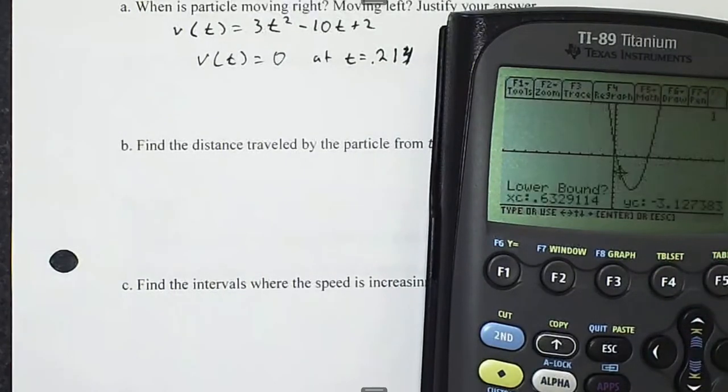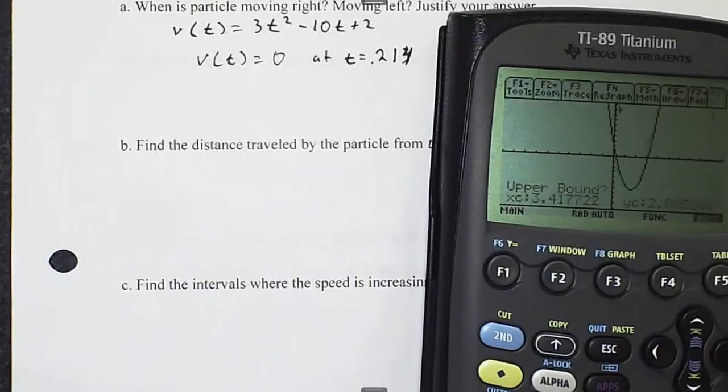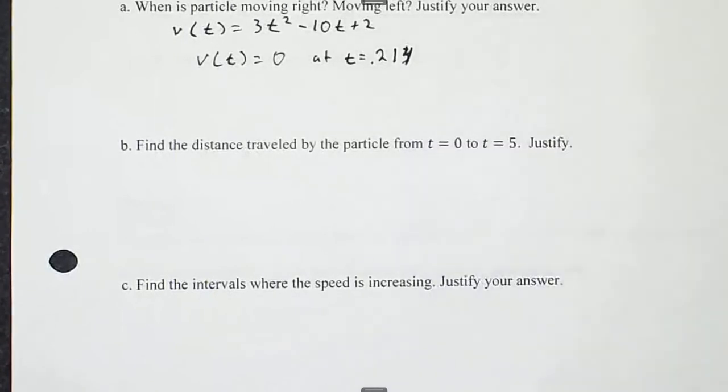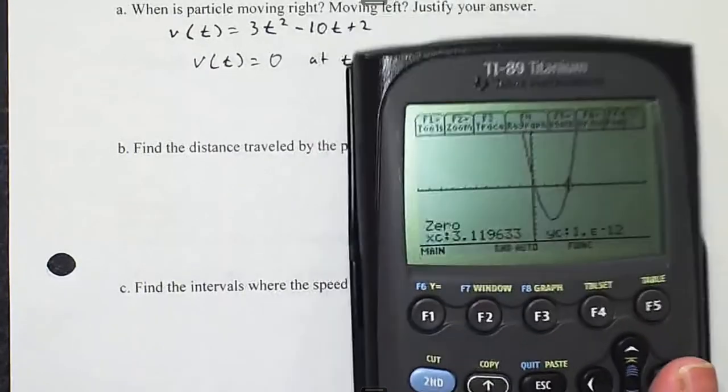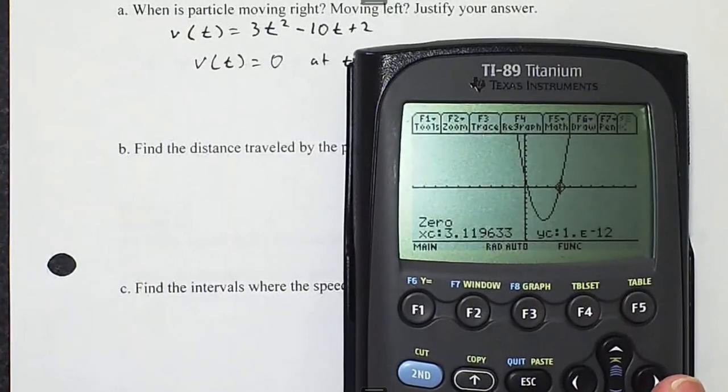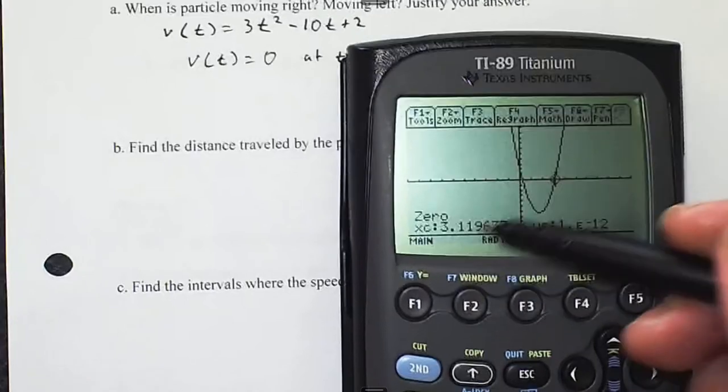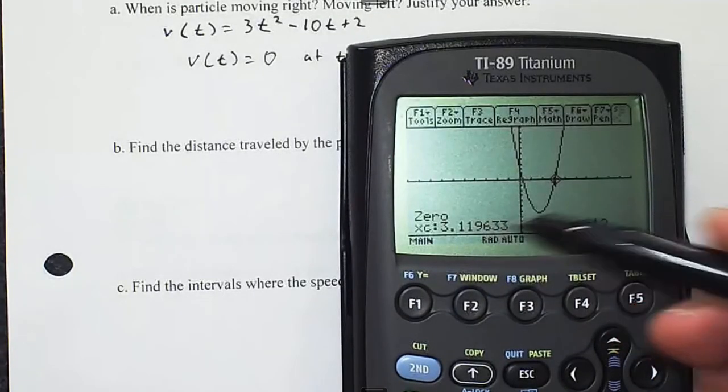F5, 2, lower bound, upper bound. You've got to practice finding the 0 with your calculator. You have to practice it. 3.120.